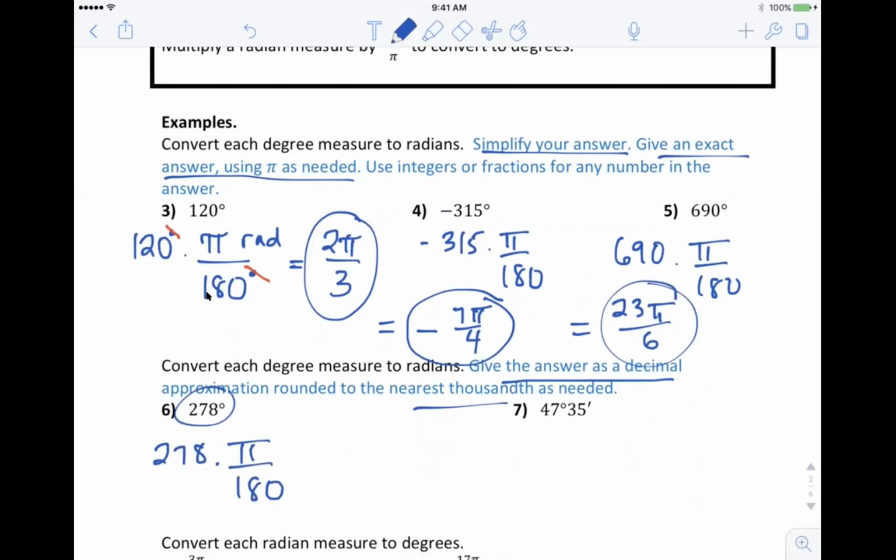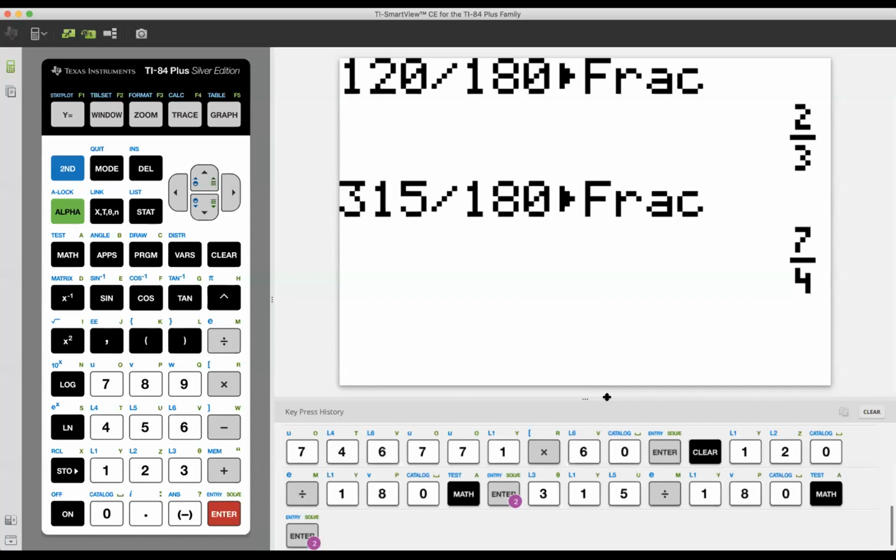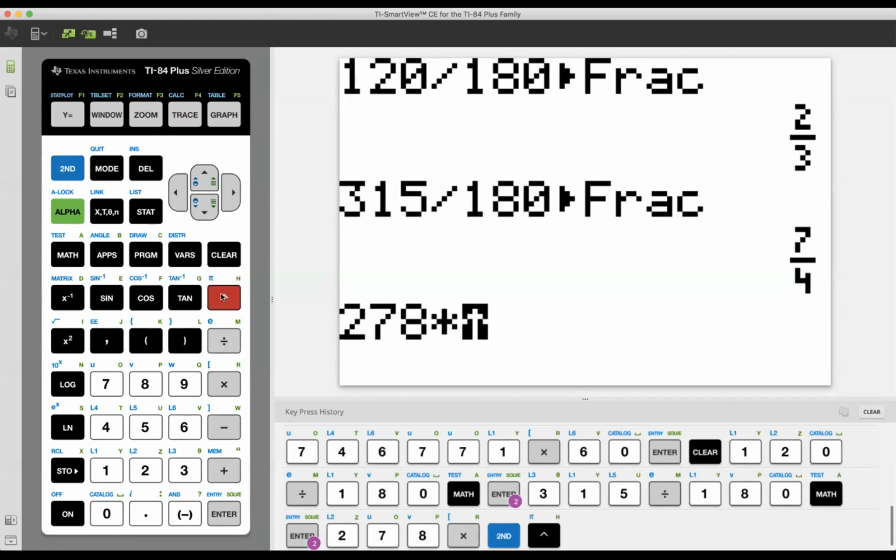So let's see, on mine, it'll look like this. I'm going to take 278 times pi. My pi button is here, so I've got to hit second, that button. And then divide by 180. So use your pi button.